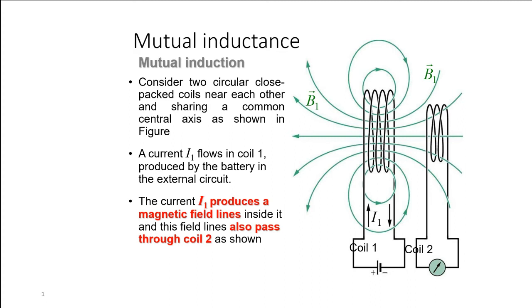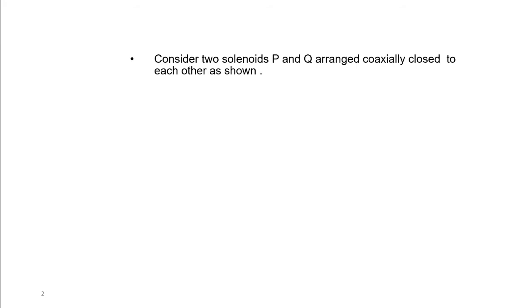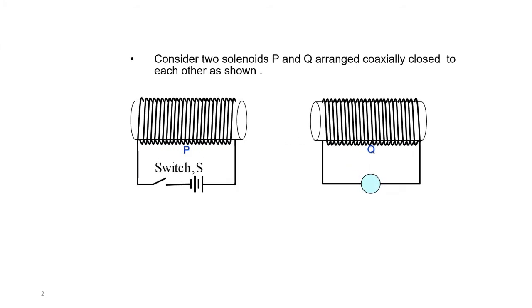To help students to understand, let's consider two solenoids P and Q arranged coaxially close to each other as shown.